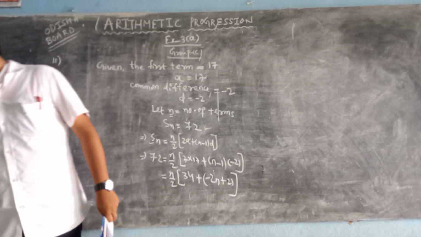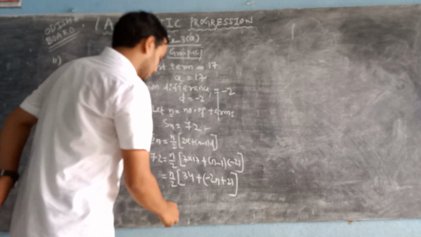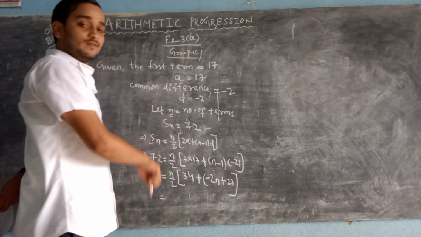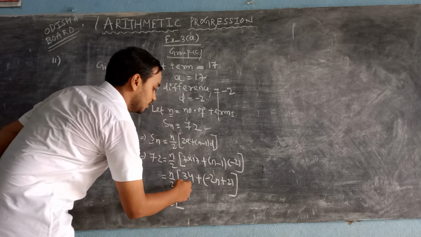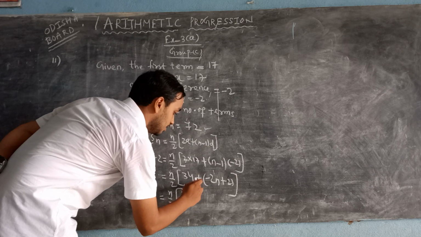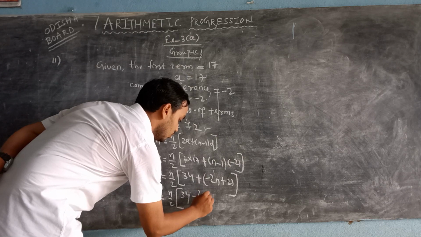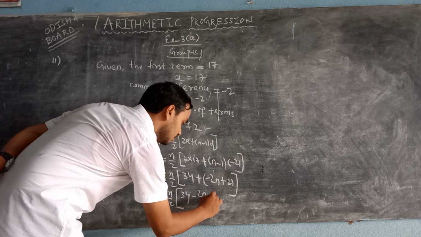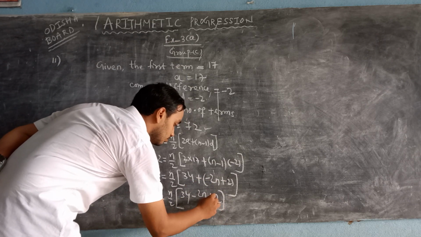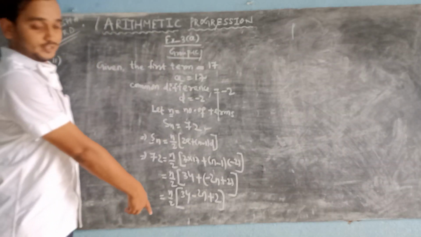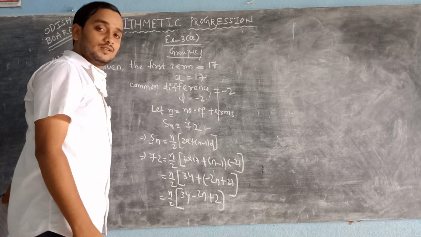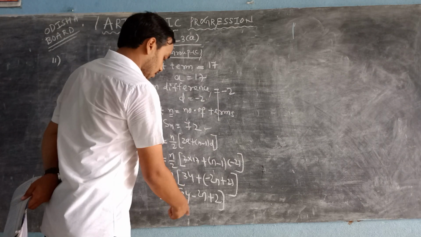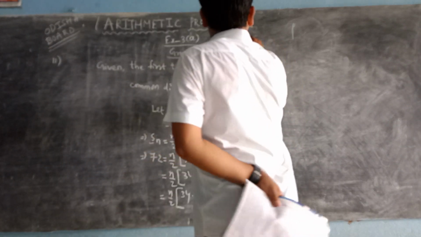Sorry for the delay. Okay, we will continue. n/2, 34 plus (-2n) plus 2. Got this point? 34 minus 2n plus 2. That means we will solve this.